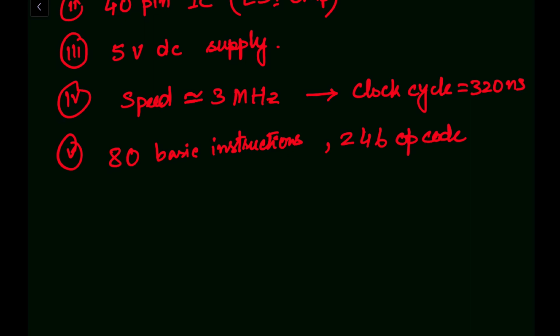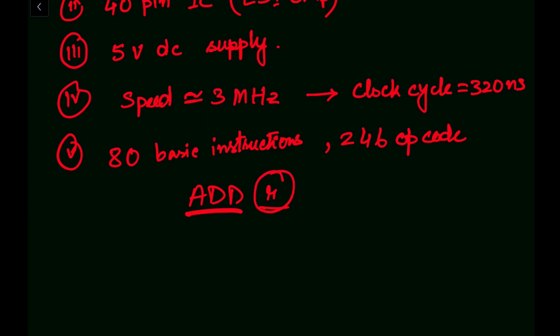For example, take ADD R. Here R is the register and ADD is the operation code. The function of this instruction is to add the content of register R to the content of the accumulator.